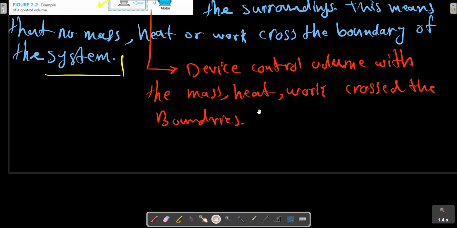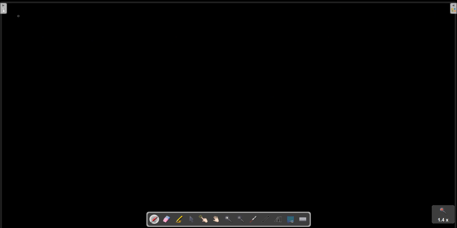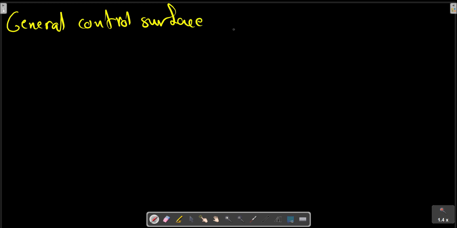The special case of no mass flow in or out is the control mass.